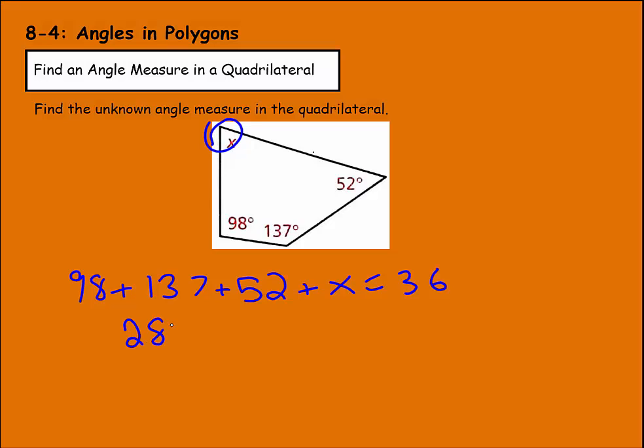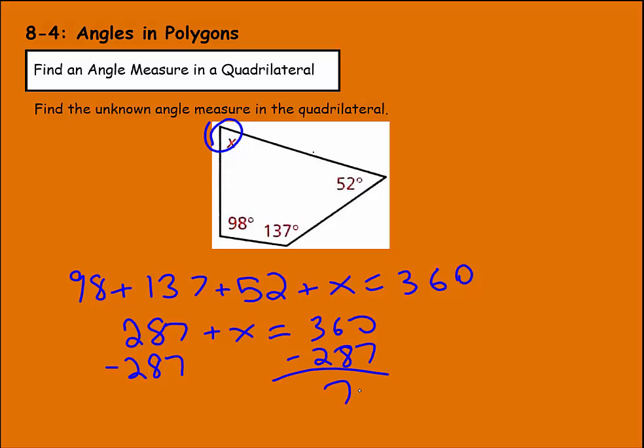So 287 plus x equals 360. We can subtract that 287 from both sides. 360 minus 287, that would be 73. x is going to equal 73.